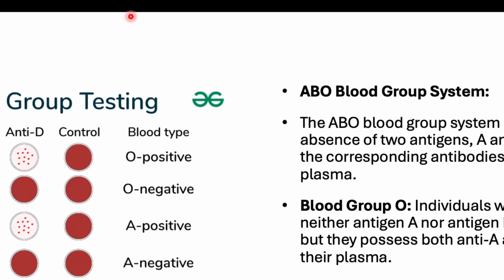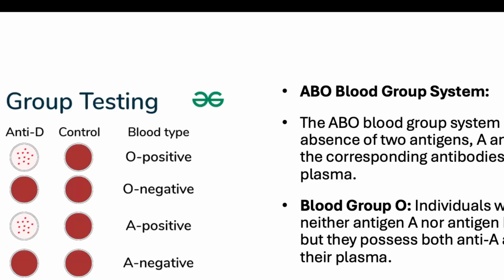So on my left is a chart showing blood group testing. O positive will only show agglutination, which means aggregation, with anti-D antibodies, not with anti-A, not with anti-B, because it does not have antigen A and antigen B. Since it is O positive, it only has the D antigen or RhD antigen, so it will only show agglutination for anti-D antibodies.